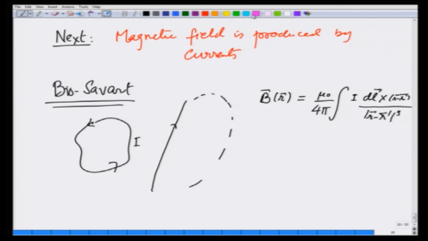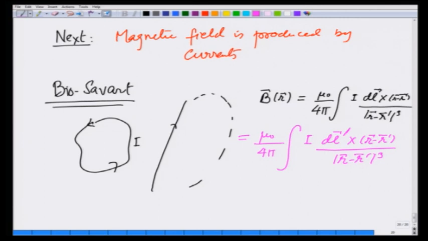Let me write it again neatly here. This is equal to mu 0 over 4 pi I dl. Let me also put dl prime, so that it denotes the point of integration, cross r minus r prime over magnitude of r minus r prime cubed.